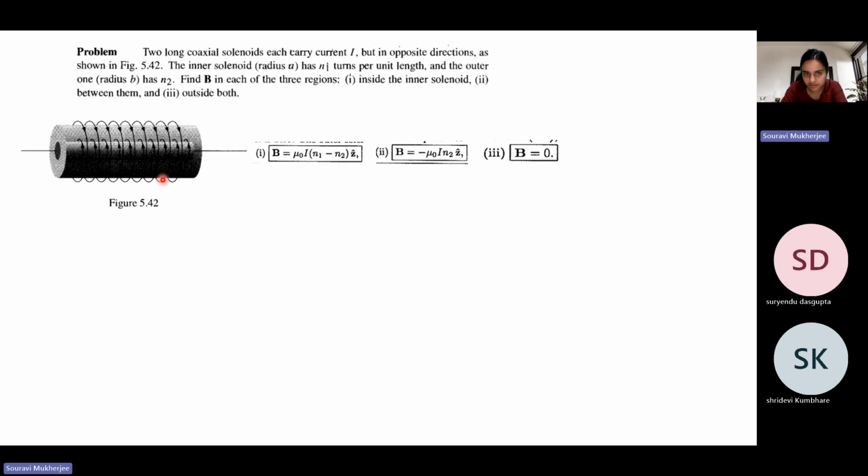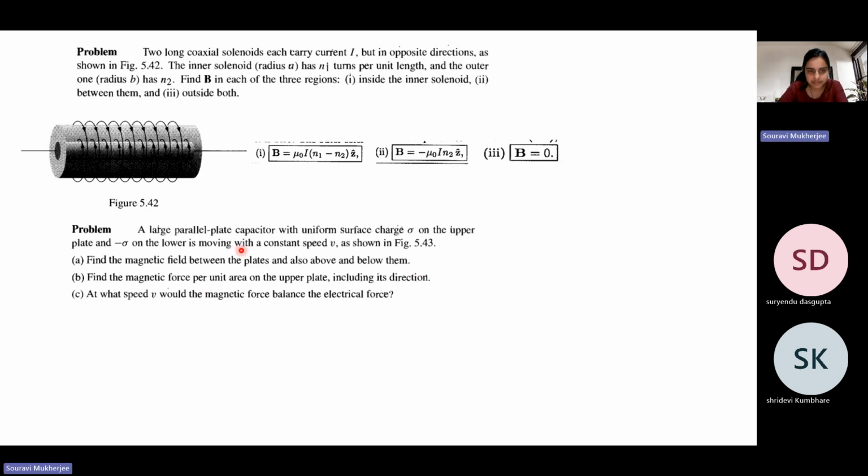If it was the same, they would have added up. And somewhere in the middle, you'll only have contributions from the second solenoid, the bigger one, not the inner one. And outside both, everything is 0. So there can be all kinds of questions which work on similar concepts, where some part of the current will contribute in one and will not contribute in the other.